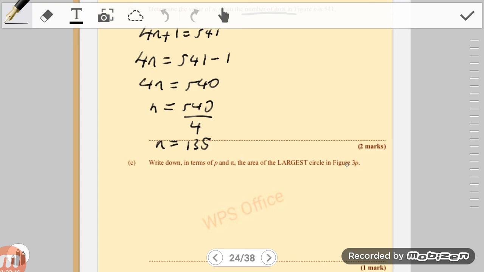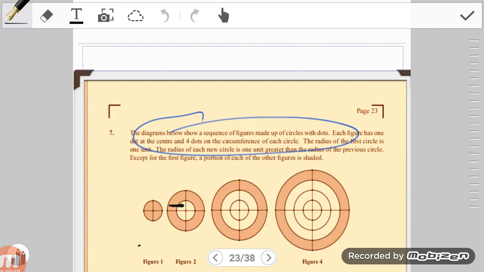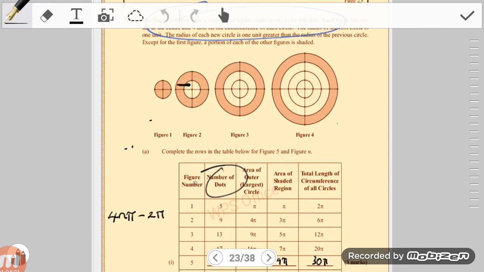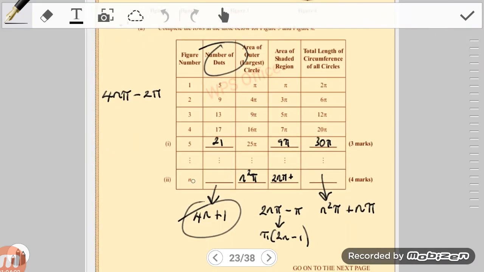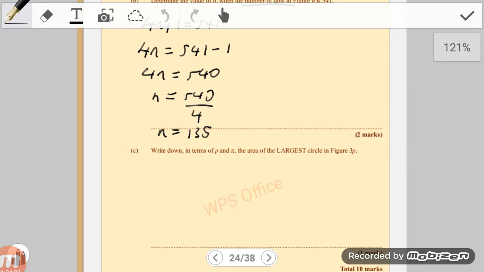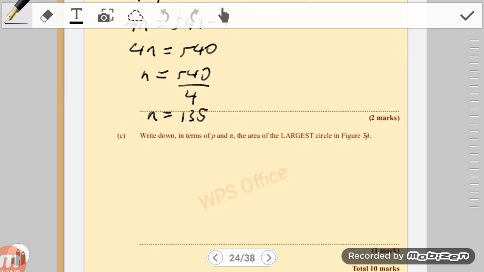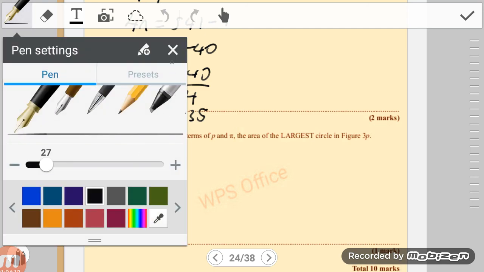We're no longer using n to represent the figure, because initially in the table the figure number is represented by n, but in this question the figure is now represented by p.